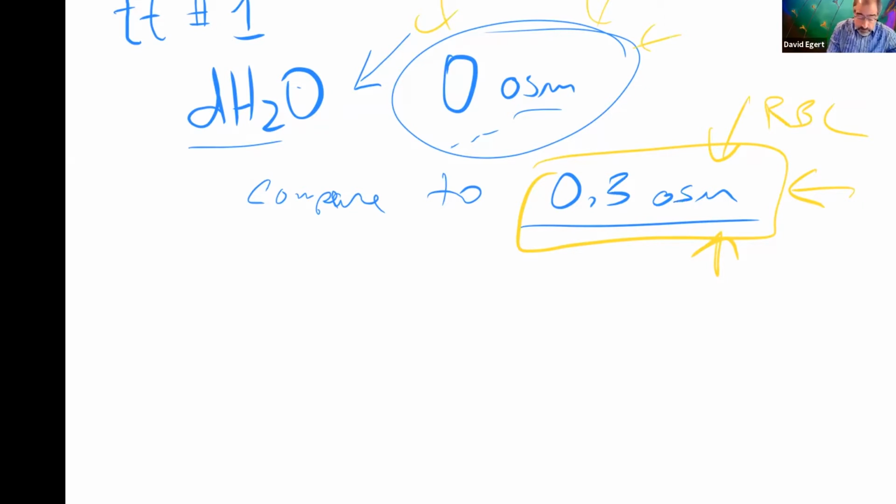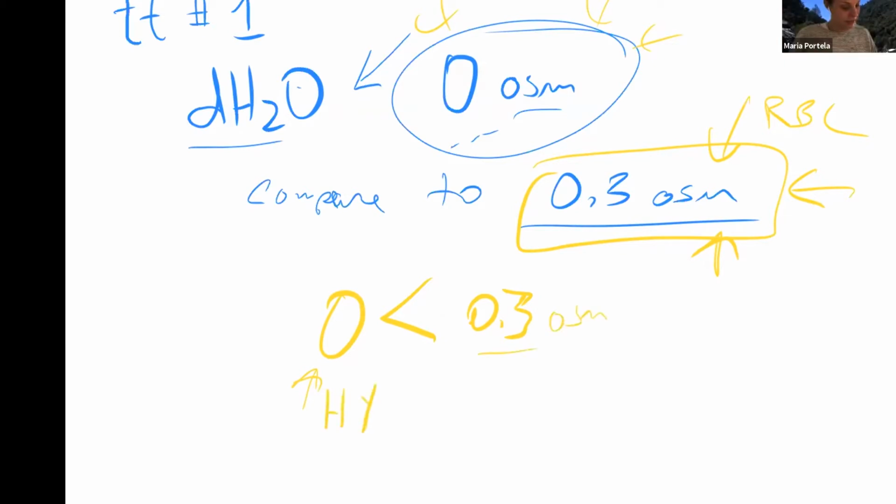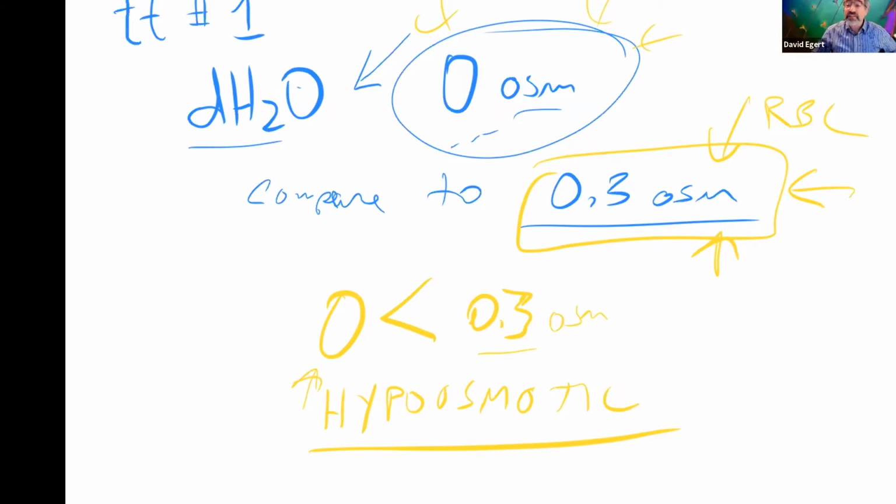And then I compare them and I can say, oh, 0 is less than 0.3. So what do I call a solution if the osmolarity is lower than my red blood cell? Hypoosmotic, because it is less than in osmolarity. And then the last thing we can do is the tonicity: which way does the water go?